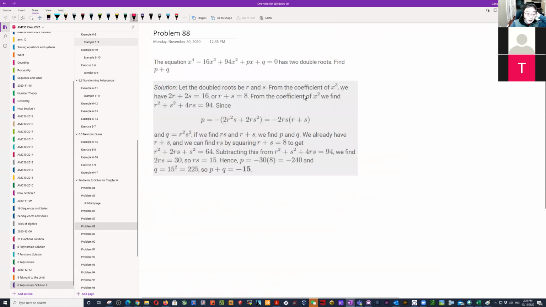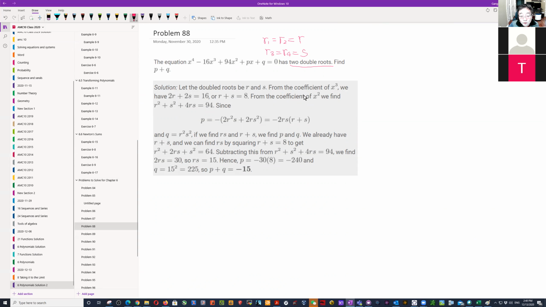This problem has two double roots. So you can assume that for a double root, x1 equals x2. Let me use root 1 equal to root 2 equal to, let's say, r, and root 3 equal to root 4 equal to s. So this is how it works.